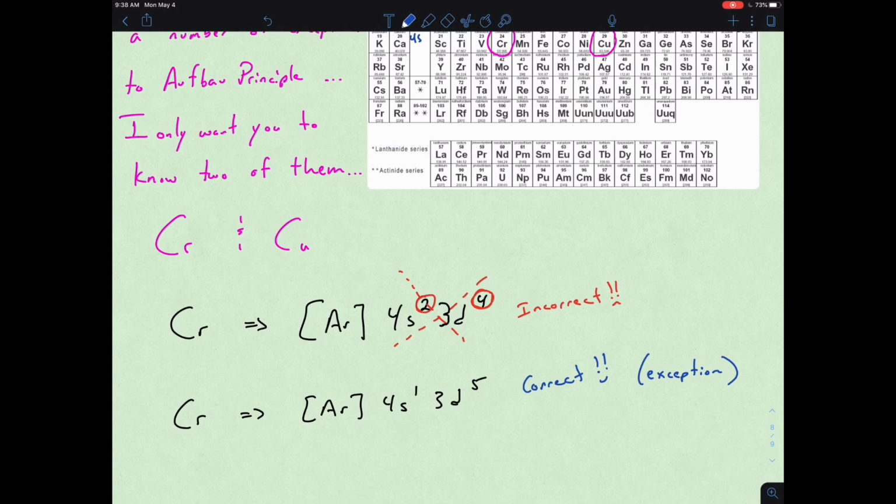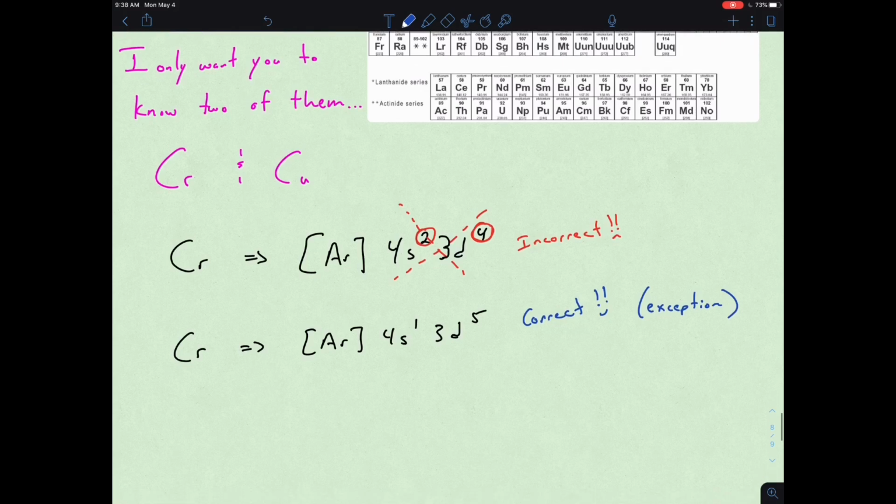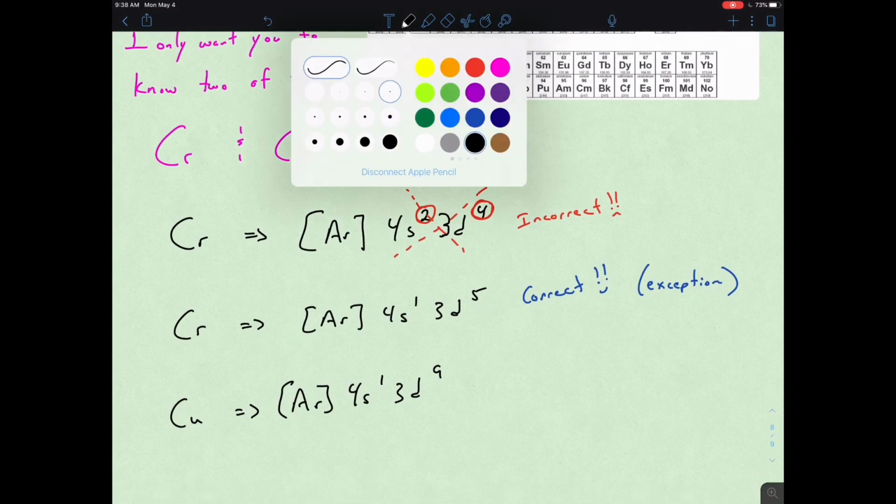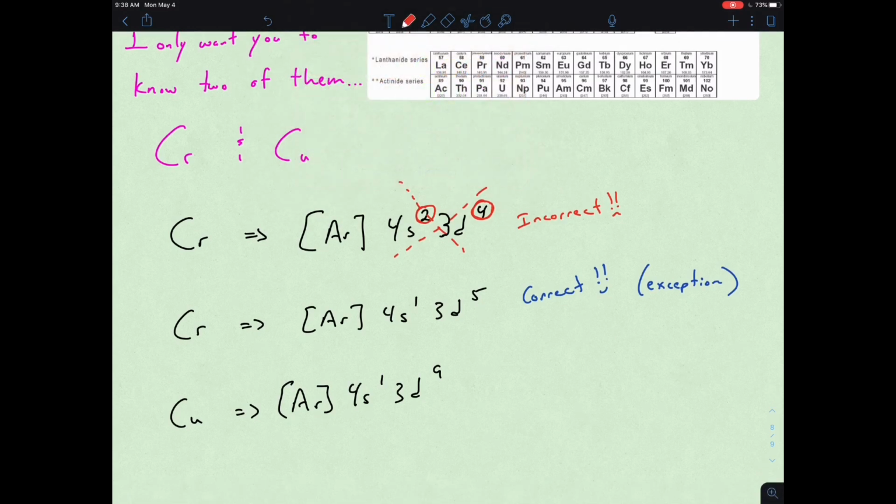If we do copper, we're going to find something very similar happening. Our copper would be argon 4s1 3d9, according to what we've been learning in this lecture, or rather 4s2 3d9, according to this lecture.